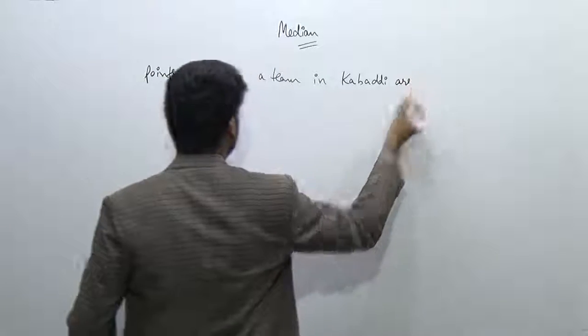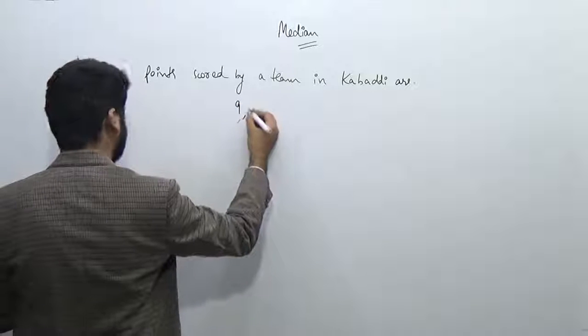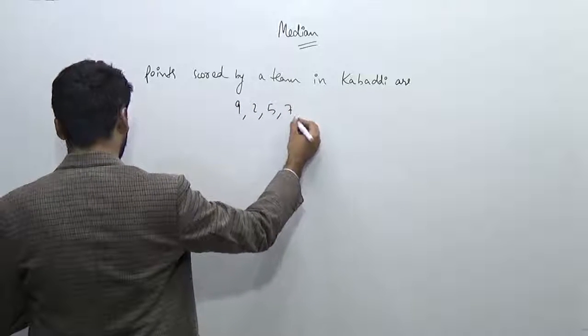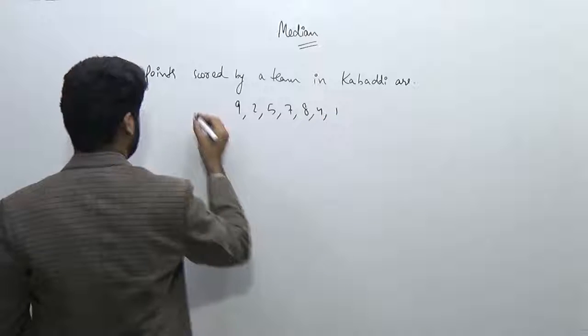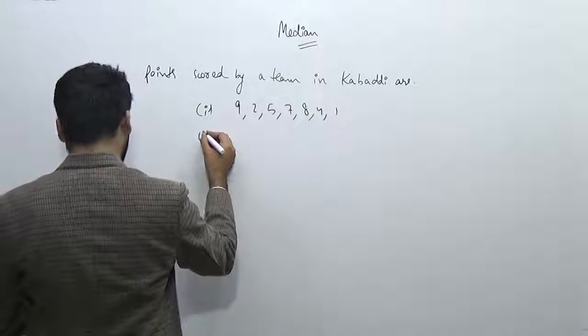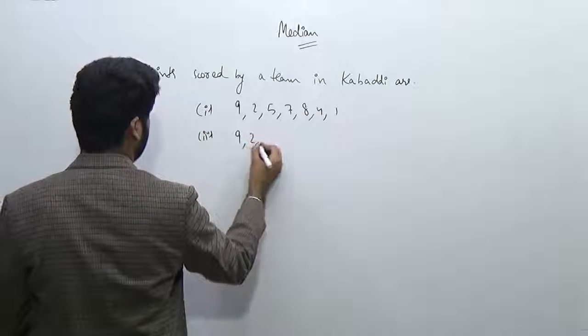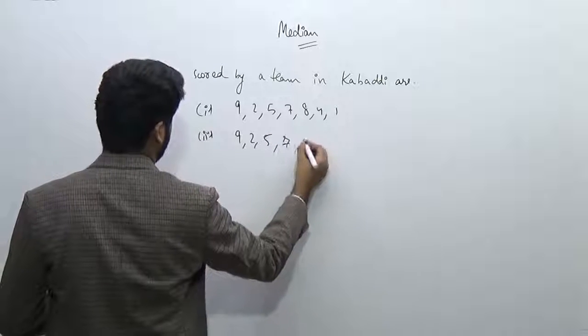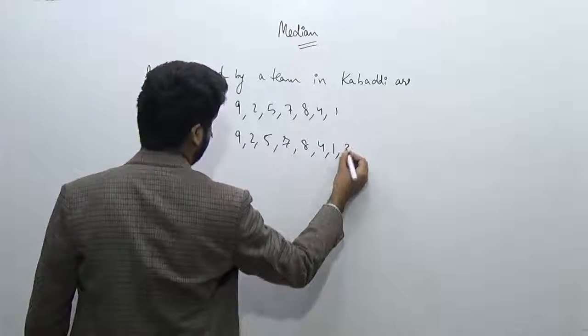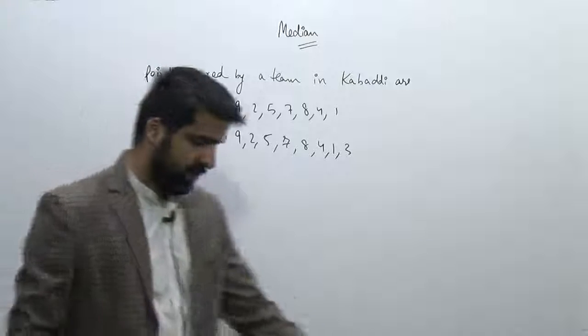I'm going to write a couple of cases here. The first one is 9, 2, 5, 7, 8, 4, 1. And the second part is 9, 2, 5, 7, 8, 4, 1 and 3.